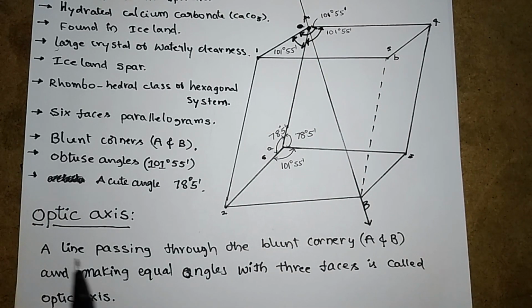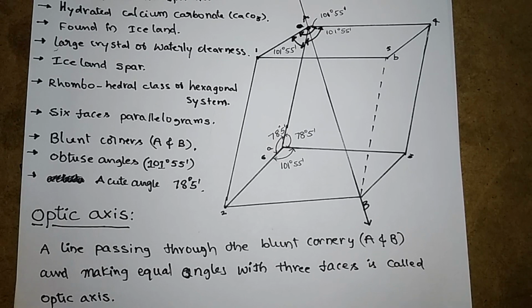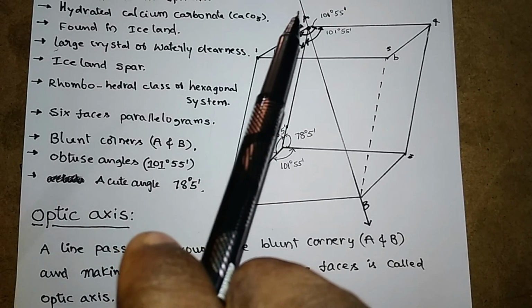Okay. Now we see the definition. A line passing through the blunt corners like A and B and making equal angles with three faces is called the optic axis.